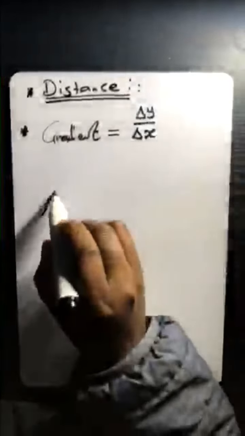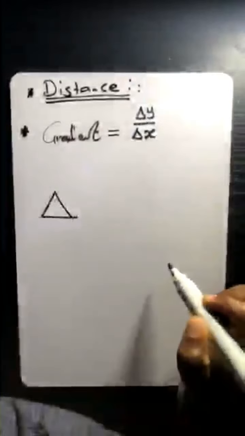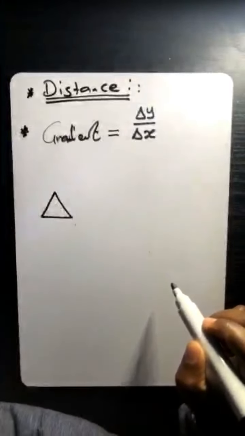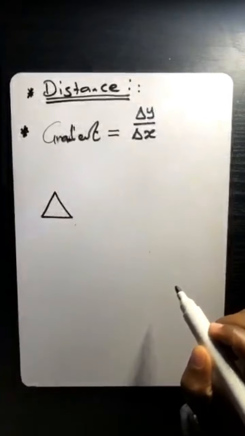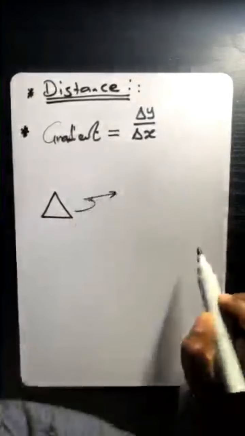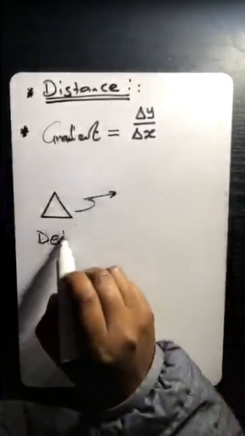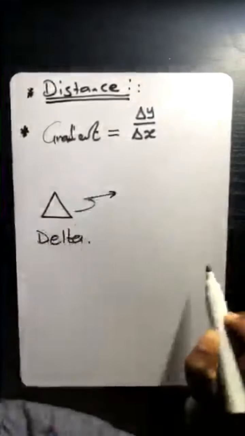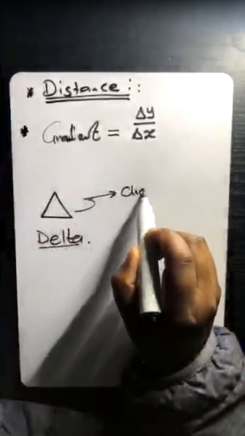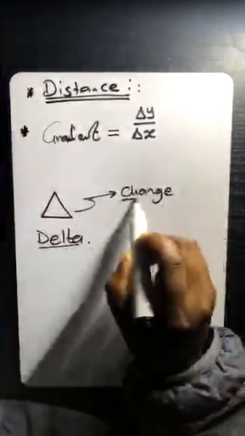Ladies and gentlemen, this symbol, sometimes you can see it in physical sciences. It's a Greek letter. This thing is called delta. It is a Greek word which simply means change in English.